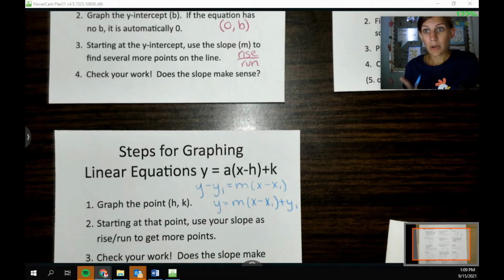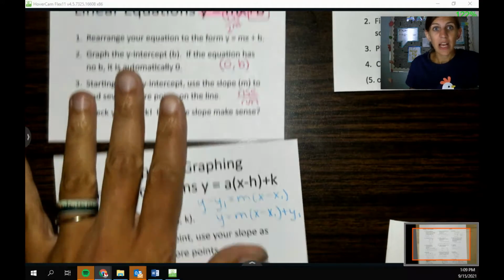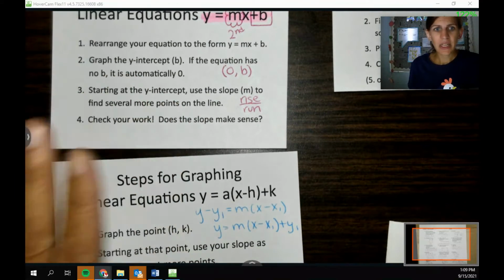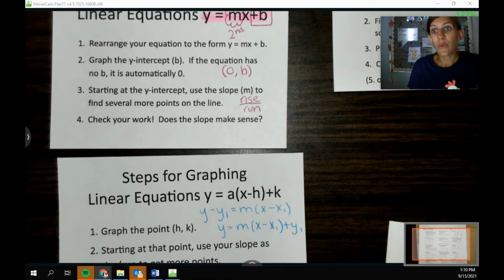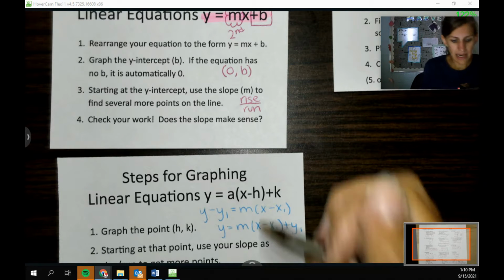The reason I like this form slightly better is because rather than having to have the y-intercept, which is one specific point on a line, this form of an equation allows me to use any point on the line, which is great. Like I don't have to know just one. I can know any point on the line at all.